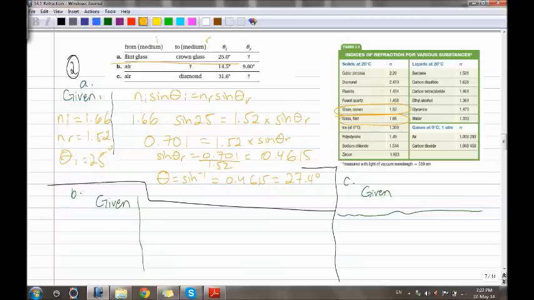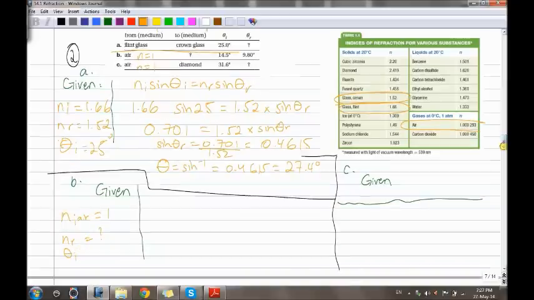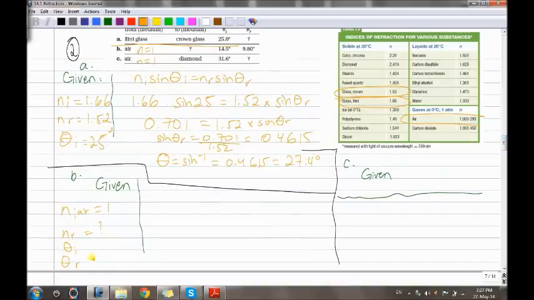Now let's do B. Now we have air, as we always said, which equals 1. So we have Ni, the air, equal to 1, and then we need to find the Nr. We have the two angles given: theta I is 14.5 degrees, and theta R is 9.80 degrees.